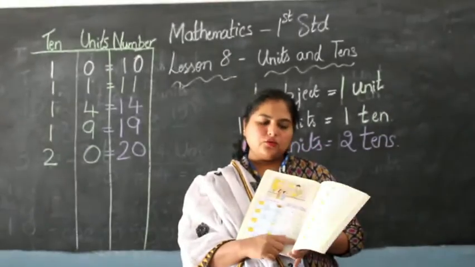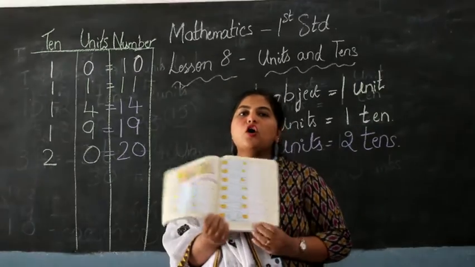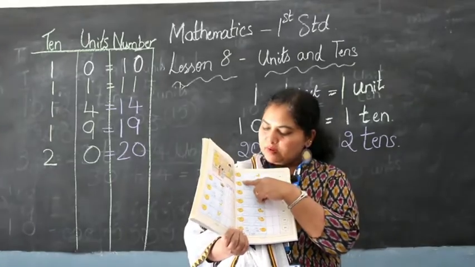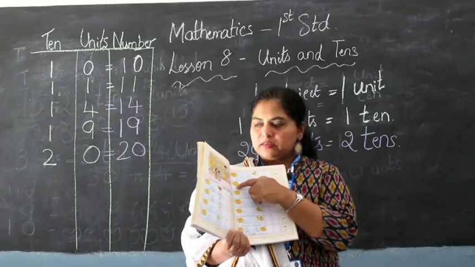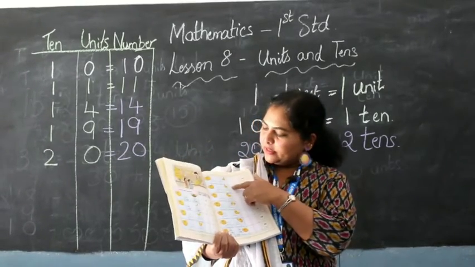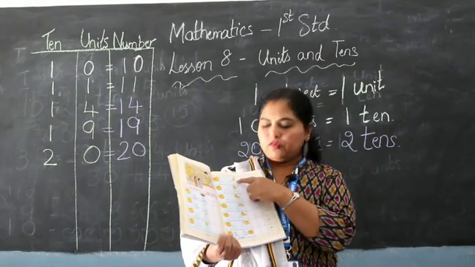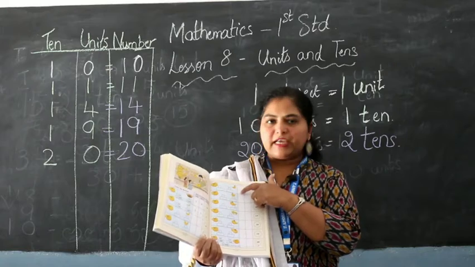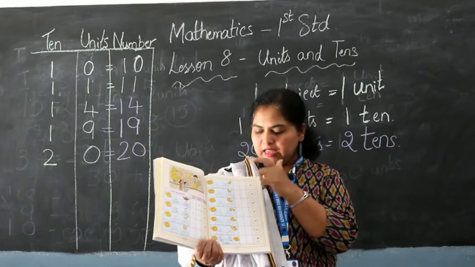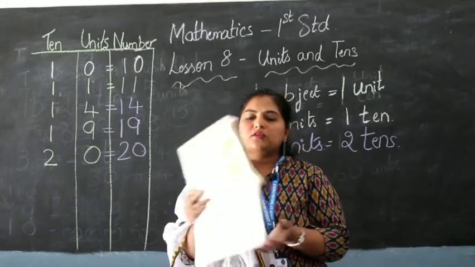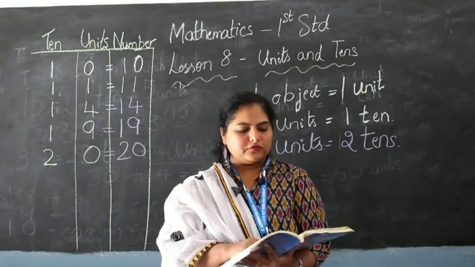What you all have to do is find how many bananas you'll get in each combination. Now this is one bunch of 10 bananas plus how many are there? 1, 2, 3, 4. So 10 plus 4. So 1 ten and 4 units will get you 14 bananas. I want you all to do that as your homework and fill it up.